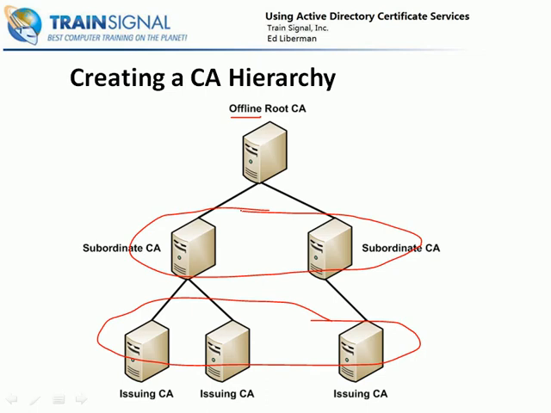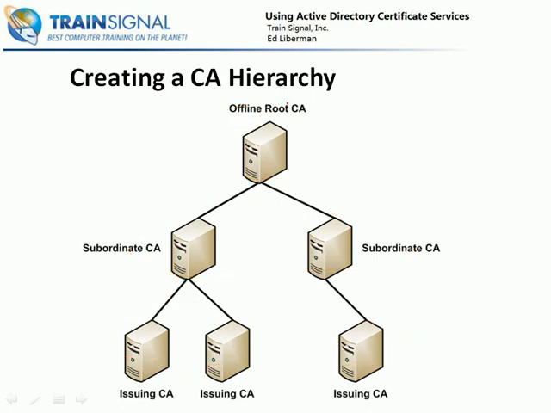And if that attacker makes it all the way up to the root CA, then you're going to have to start the whole process all over again. So by taking the root CA offline, meaning you truly just turn the computer off, unplug it from the network, stick it in a closet somewhere, I don't care what you do with it, but by making it not part of your network, it is not susceptible to attack.